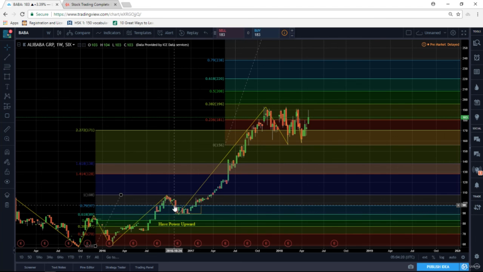All right, because there is no such thing as a straight line upwards in natural stock market movement. I hope that from this analysis you will learn something. You can see that Alibaba Group, from what we analyzed, still has strong power upward.